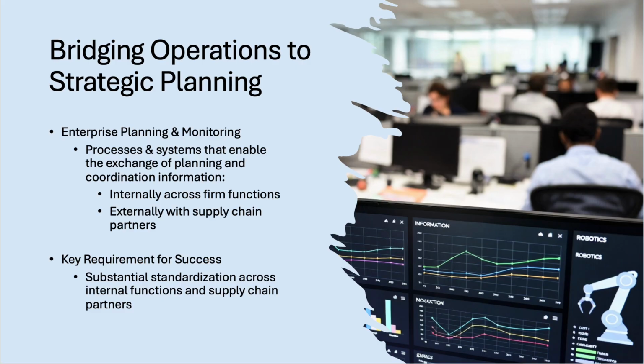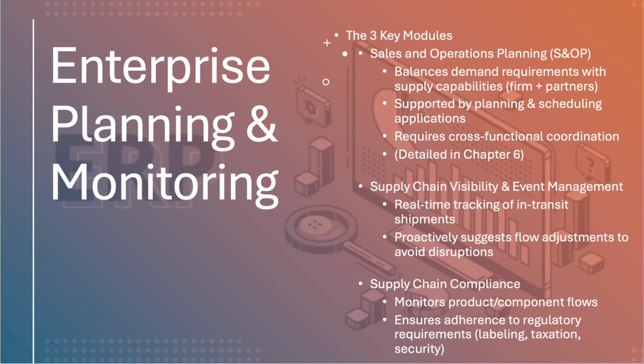Three key modules support this planning and monitoring role: sales and operations planning, supply chain visibility and event management, and supply chain compliance. The first is sales and operations planning, often called S&OP. S&OP balances demand requirements with supply capabilities.